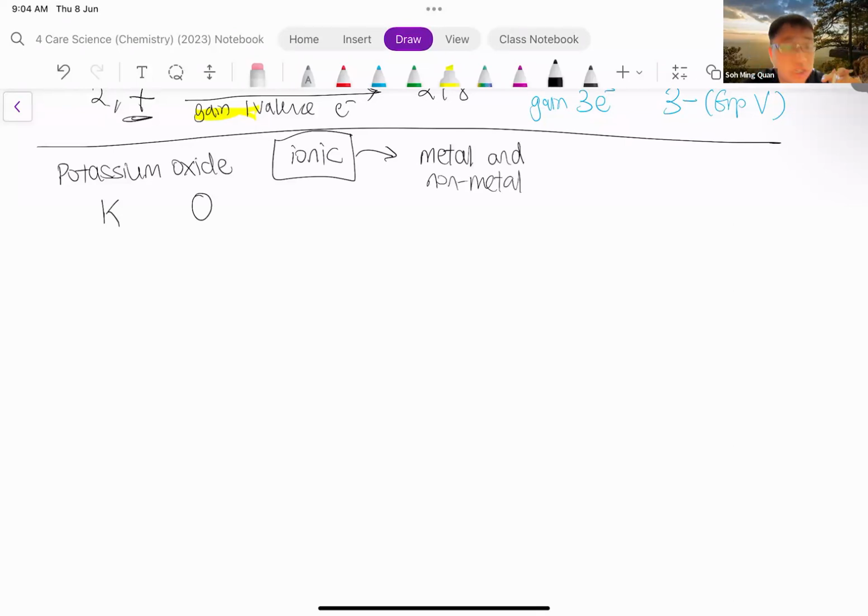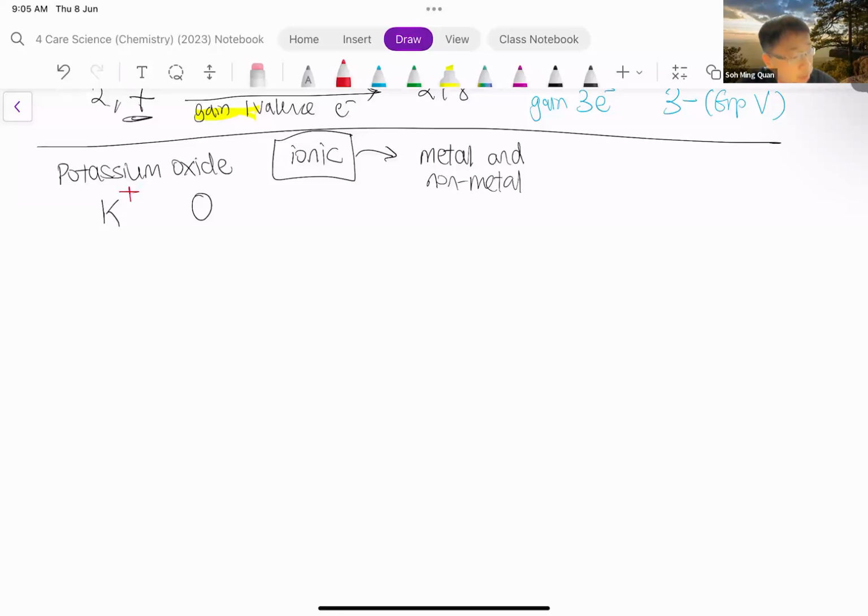Potassium is a metal, oxygen is a non-metal. So it's an ionic compound. The next thing you need to work out is the formula of the ionic compound. And this is where you must write out the charges first. You cannot assume that it's KO, full stop. In fact, the formula is not KO. The formula doesn't have one potassium, one oxygen.